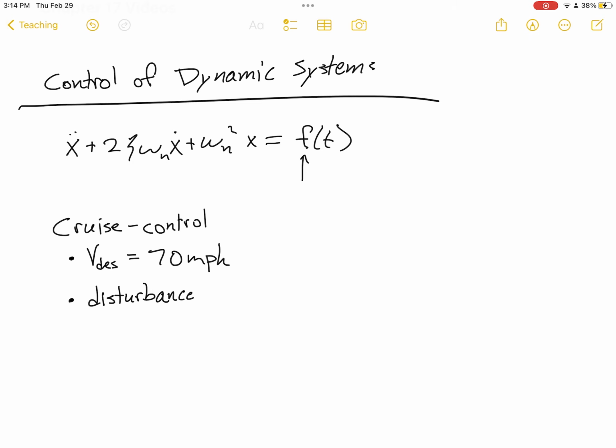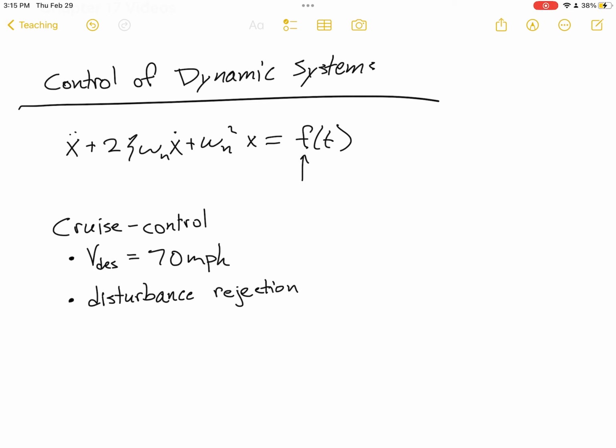There's some wind that causes it to speed up. That would be a disturbance that keeps you from maintaining the desired 70 miles an hour speed. And a big chunk of what we do in controls and picking that force is allowing that force to respond to disturbances and maintain a constant velocity of 70 miles per hour.